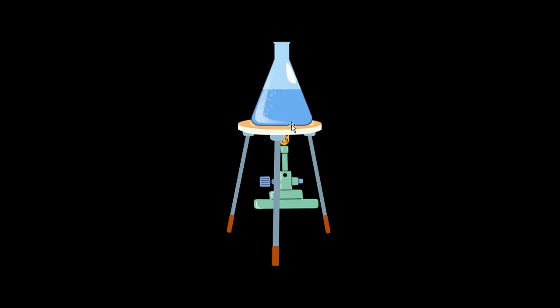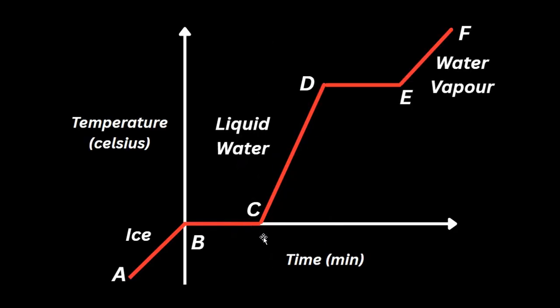We measured the temperature continuously and plotted a temperature versus time graph, with temperature in Celsius on the y-axis and time in minutes on the x-axis. The starting temperature, which I deliberately took a little below 0 degrees Celsius, is the starting point.